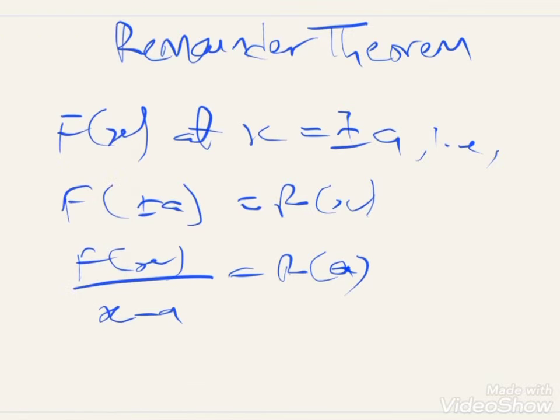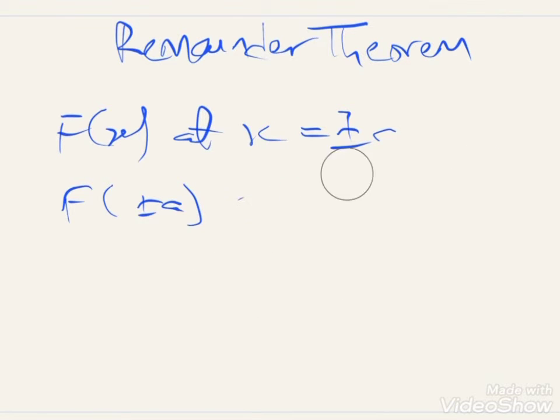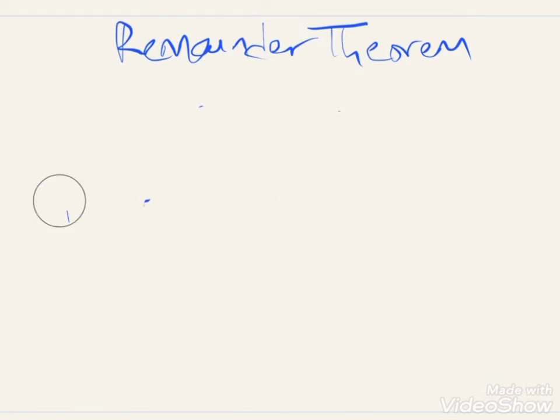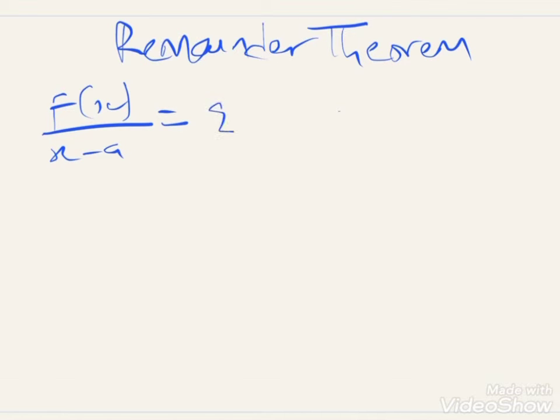Let's clear that to show what we mean. Suppose we have f of x over x minus a to be equal to the quotient q of x, that is the polynomial of lesser degree, plus the constant remainder r of x.